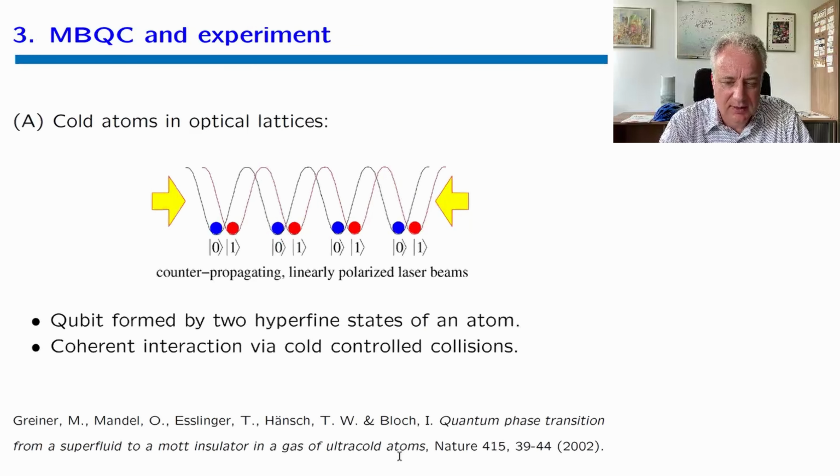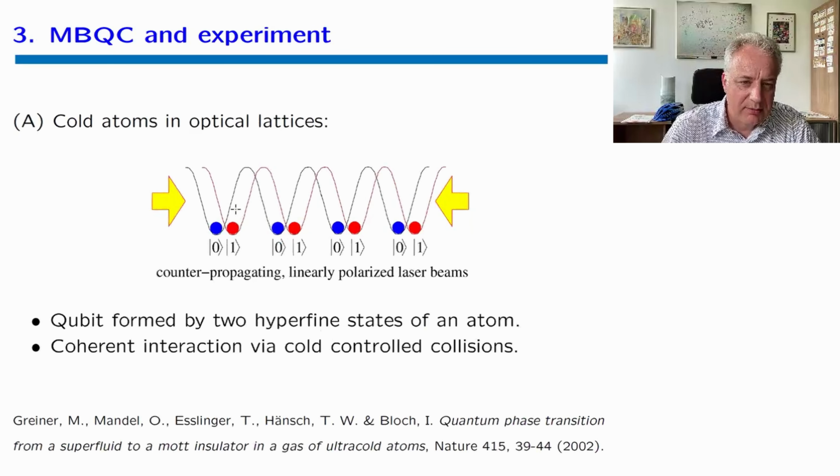So this is a paper from 2002, and this is with cold atoms in optical lattices. And what they showed is that they can make cluster states. They verified the cluster state stabilizer in this physical setting, but they didn't use it yet for computation.